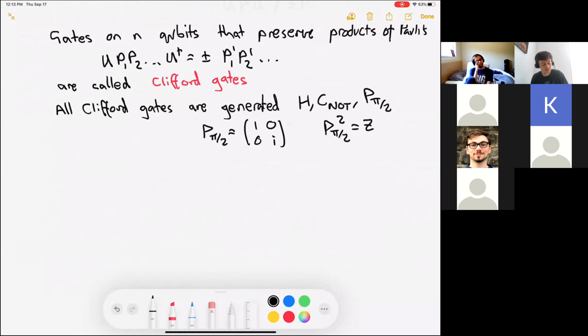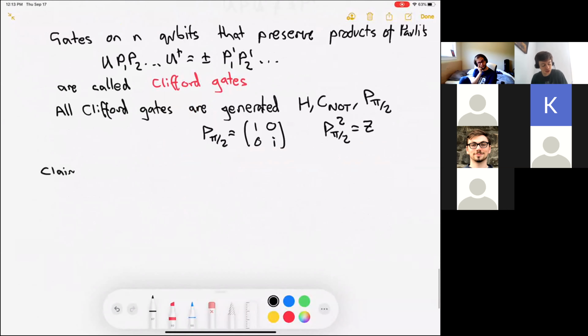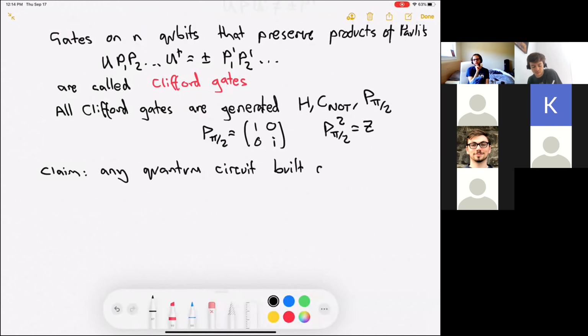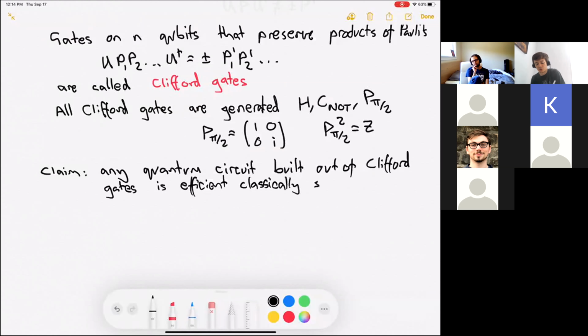And it is a fact, an unfortunate fact from a quantum computing point of view, but not one I will prove. It's relatively easy to prove. Any quantum circuit built entirely out of Clifford gates is actually efficiently classically simulable.